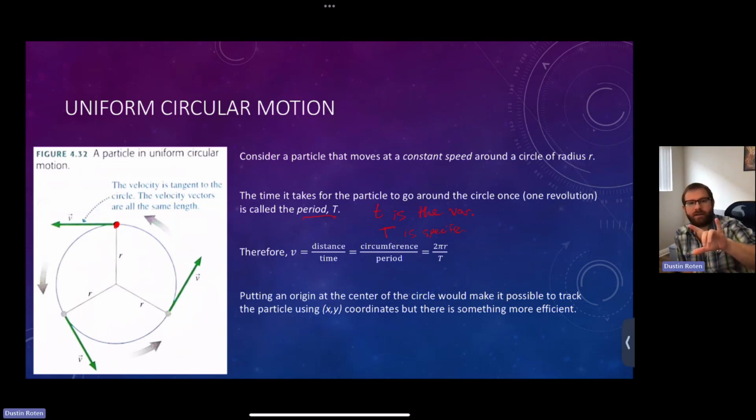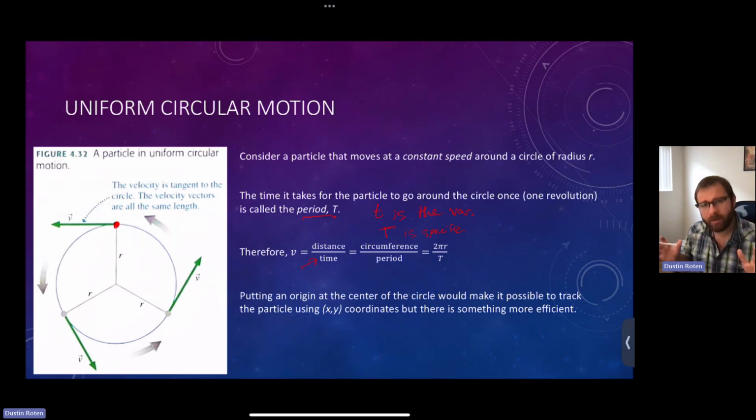Now we can actually calculate the velocity of this particle because velocity is always just distance over time. Well, in this case, the distance is just going to be the circumference, right? We can at least think about how long it takes to do one revolution. We could also think about how long it takes to do a quarter of a revolution or a half of a revolution.